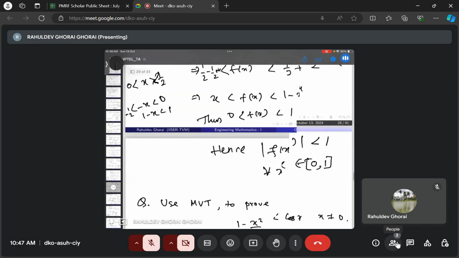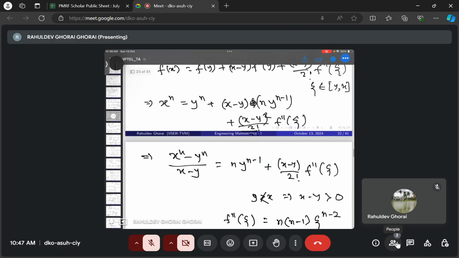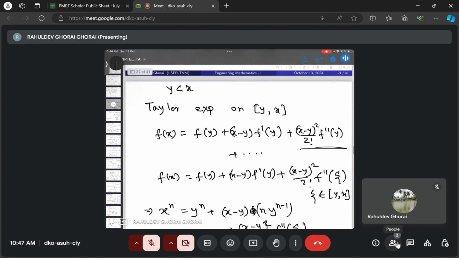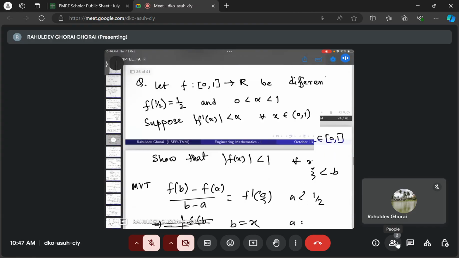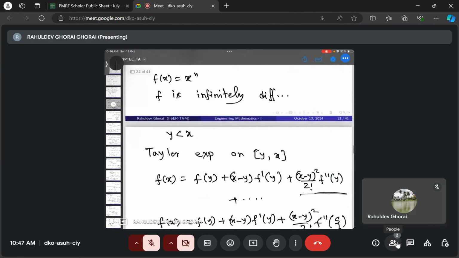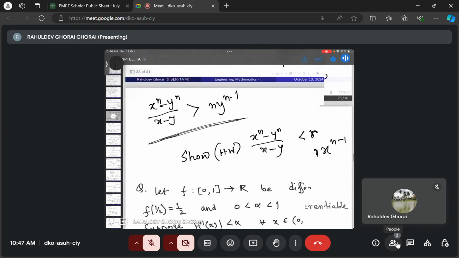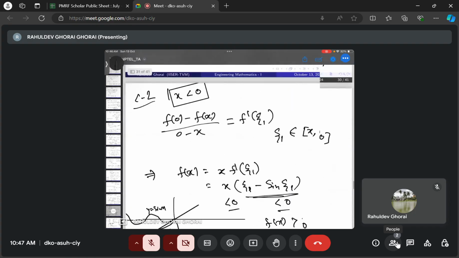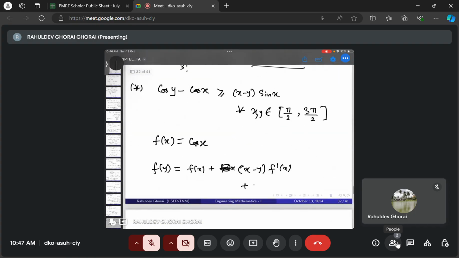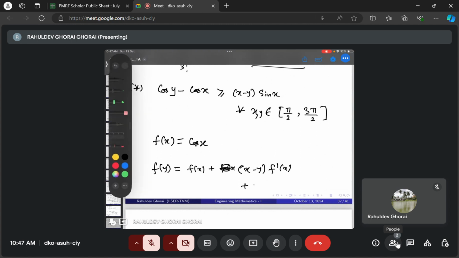Yeah, the Taylor series expansion: y minus x times f prime x, and I will take up to second order.